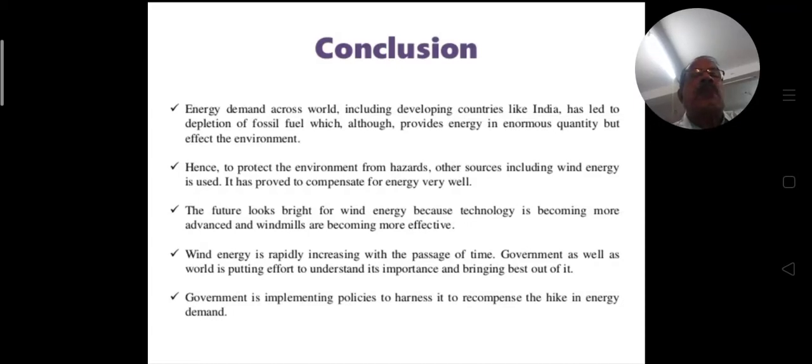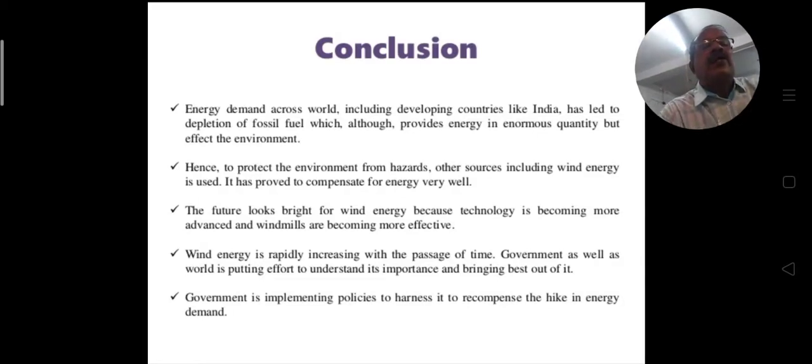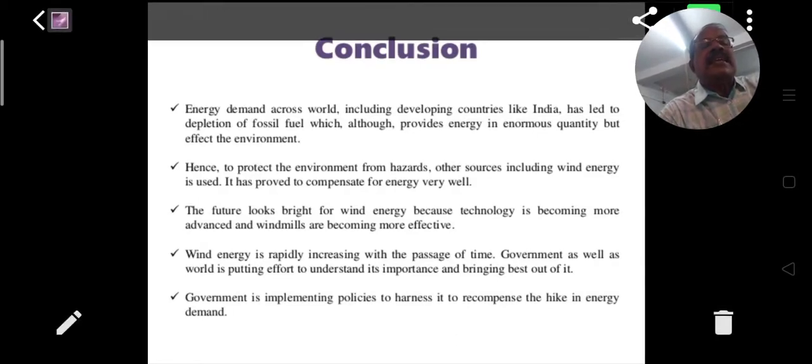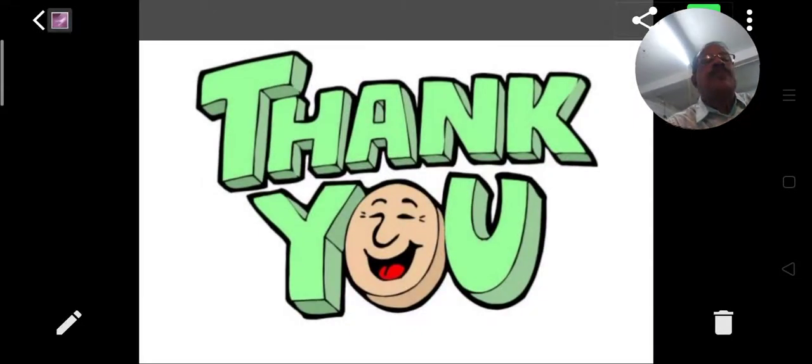Government is implementing policies to harness it to recompense the hike in energy demand. So government is increasing these windmills, and government is very favorable to generate electric energy using this wind energy. Thank you very much.